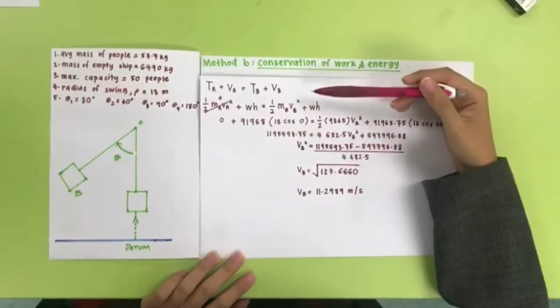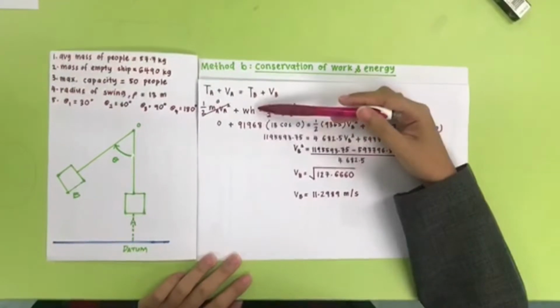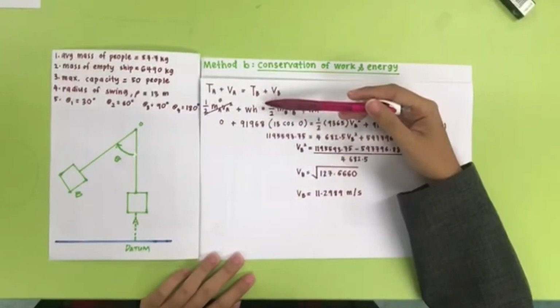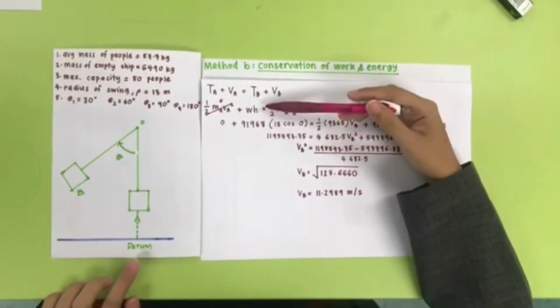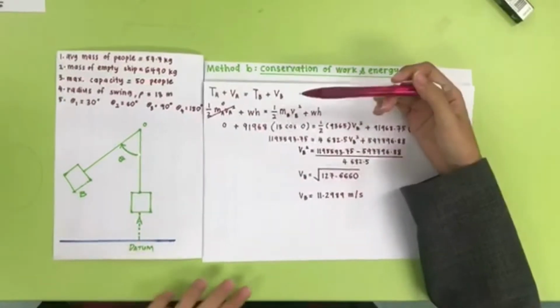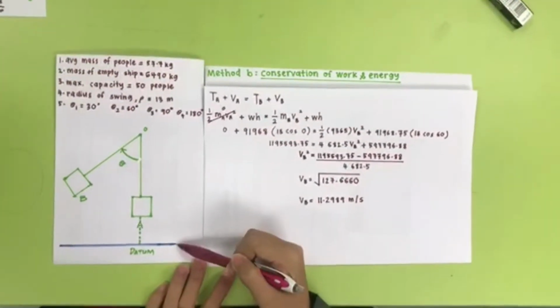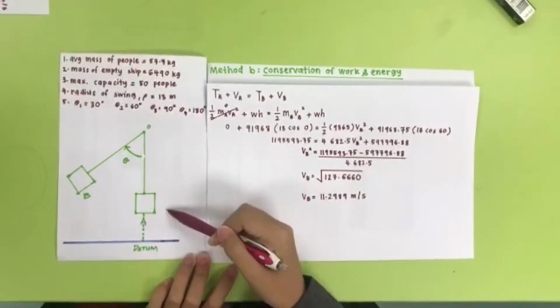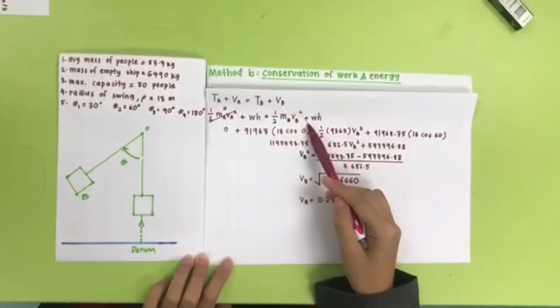For potential energy, the formula is weight times height. The sign we use for potential energy depends on the datum we assume in the diagram. For this question, we assume the datum is below here, so the particle is above the datum, and we assume the potential energy has a positive sign.